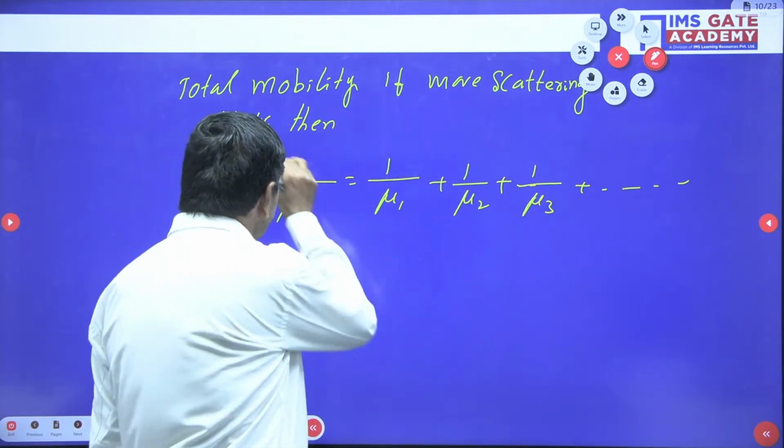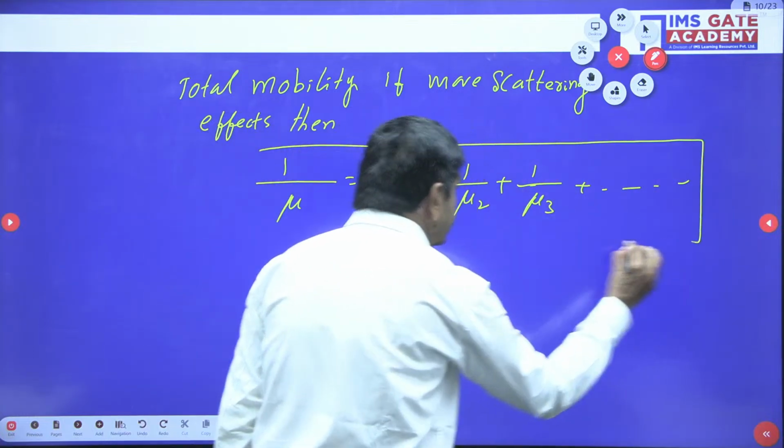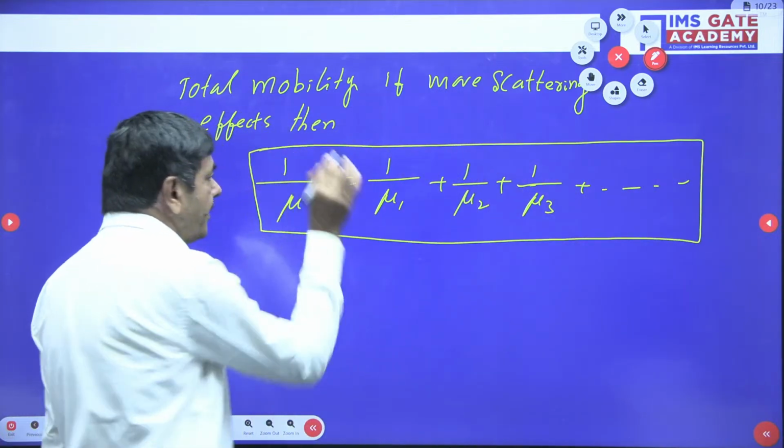Like that you can compute the total mobility.